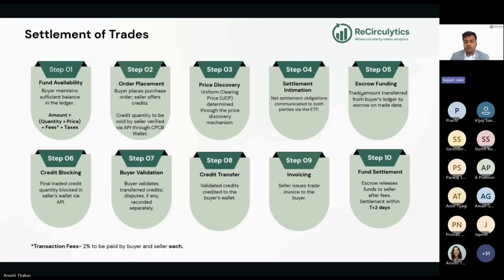The seller will have to issue the invoices to the buyers, and finally, 2 days from when the trade was settled, or the intimation was given, the sellers will receive their amount from the escrow account into their own ledger accounts.